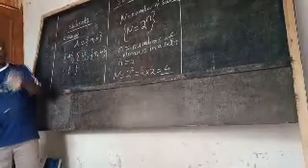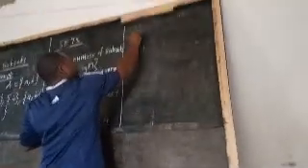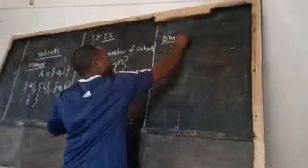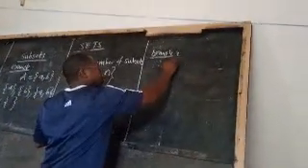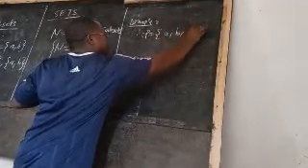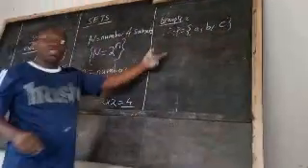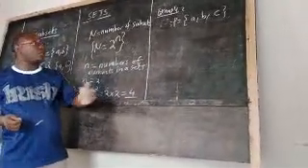Let us see another example. Maybe you are given a set P which contains elements A, B, and C. Then maybe you're asked to list down the subsets of this set.